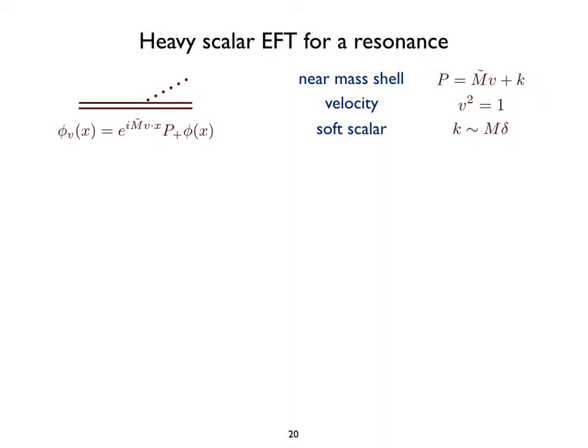As we have already seen in the heavy quark effective theory and in exercises to this course, the soft scalar modes k, describing the off-shell part, can be encoded into the momentum wiggles of the massive particle with an on-shell momentum mv. After removing the rapid spatial variations, a heavy scalar with the momentum near mv is described as a slowly varying field phi with positive frequency and conserved label of velocity.